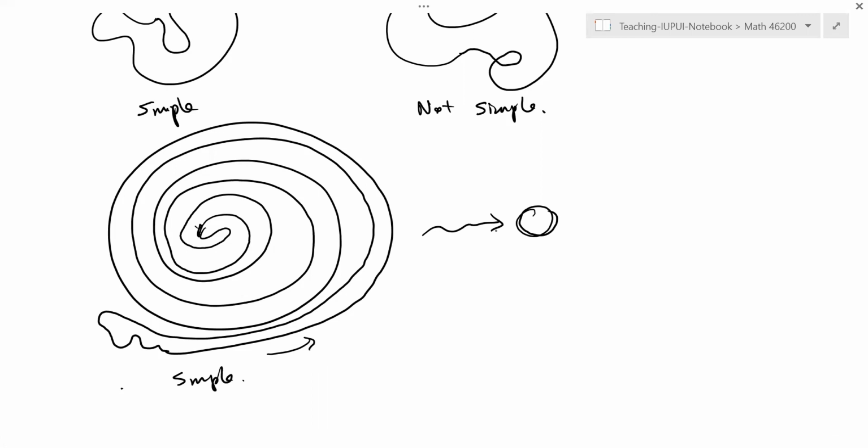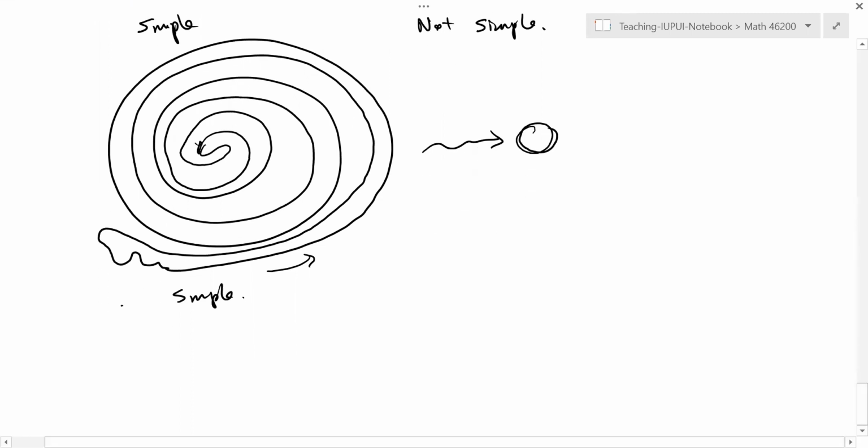If you keep the same length, then you probably get a very large circle without touching two pieces of the curve.